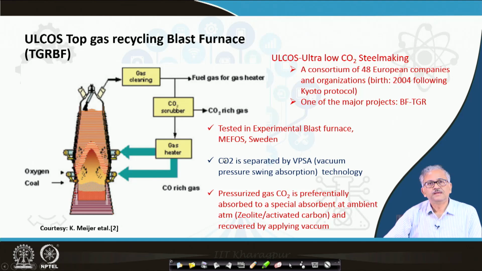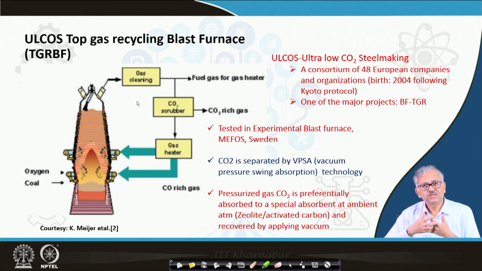And here the CO2 is separated by VPSA, also called PSA, vacuum pressure swing adsorption. Since there is no nitrogen, this separation becomes easier, because if you give the air blast, nitrogen is 79 volume percent, a lot of nitrogen is there, and the CO2 gets diluted in the system, and it becomes very difficult to extract the CO2 by VPSA.